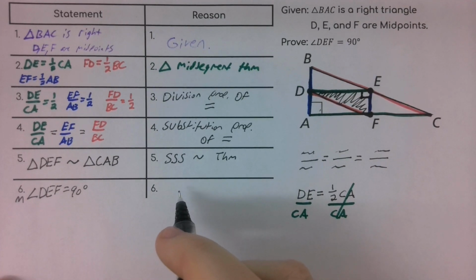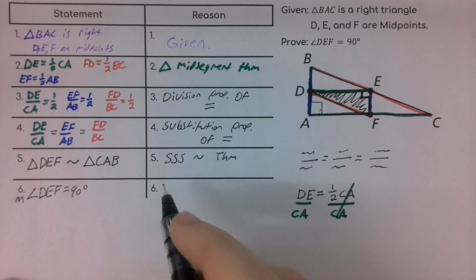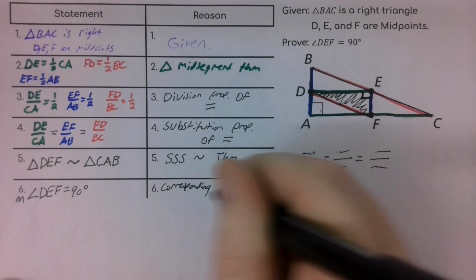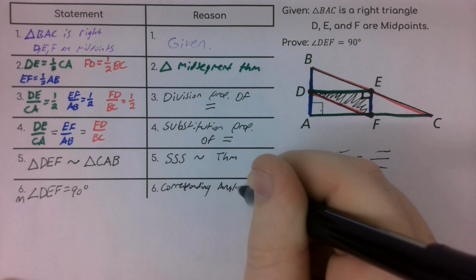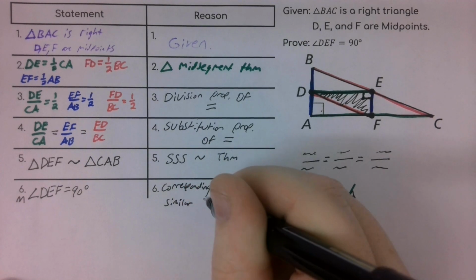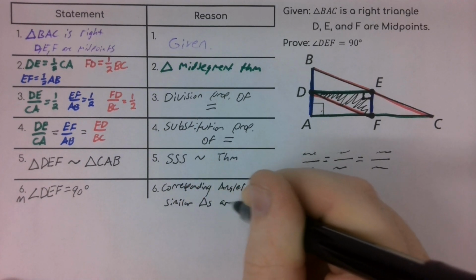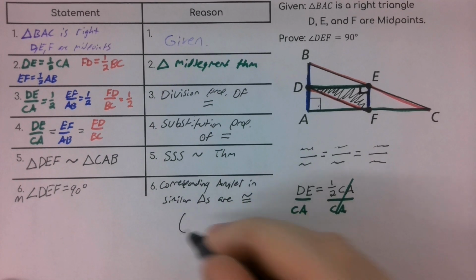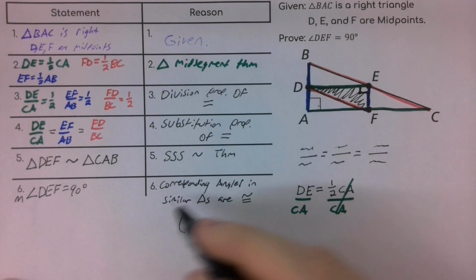For part 6 here, we can say the following. Corresponding angles in similar triangles are congruent. You don't need to remember the abbreviation for this statement.